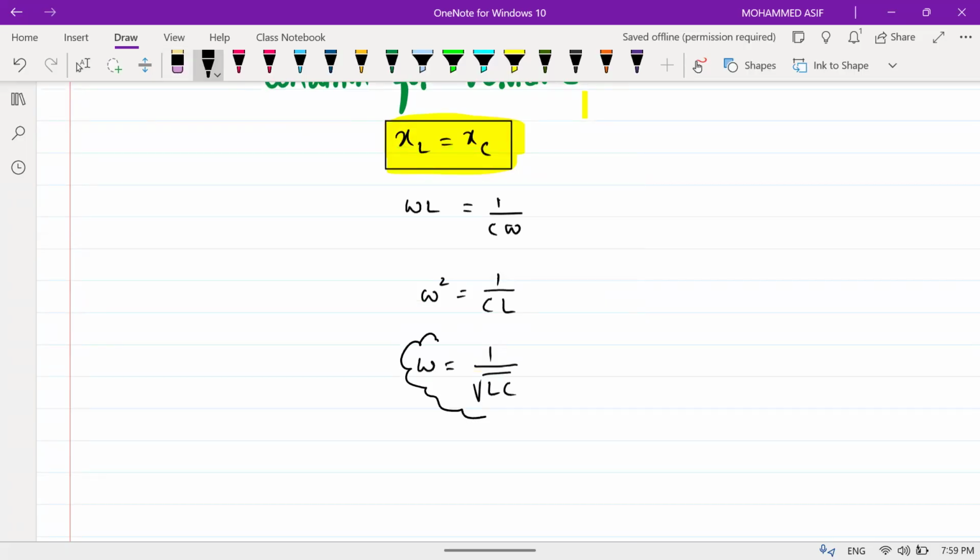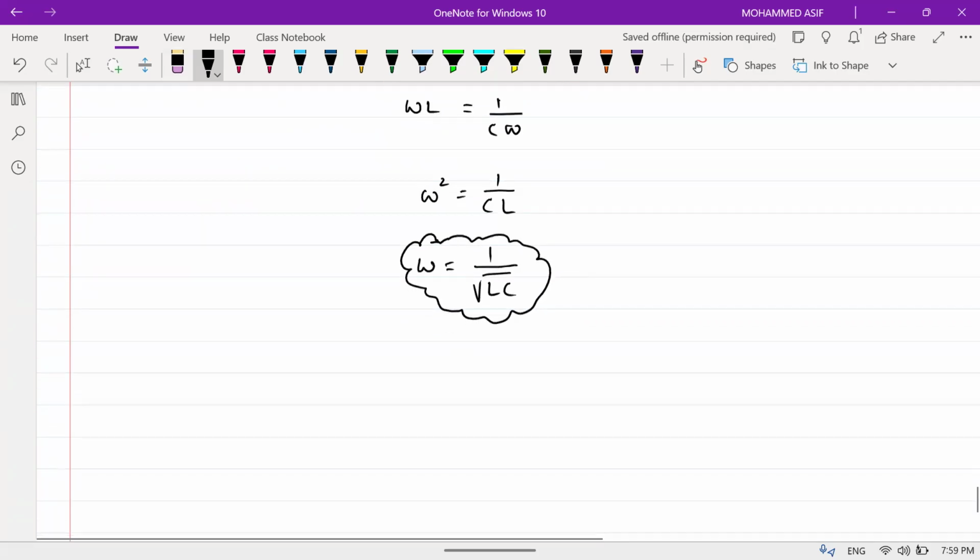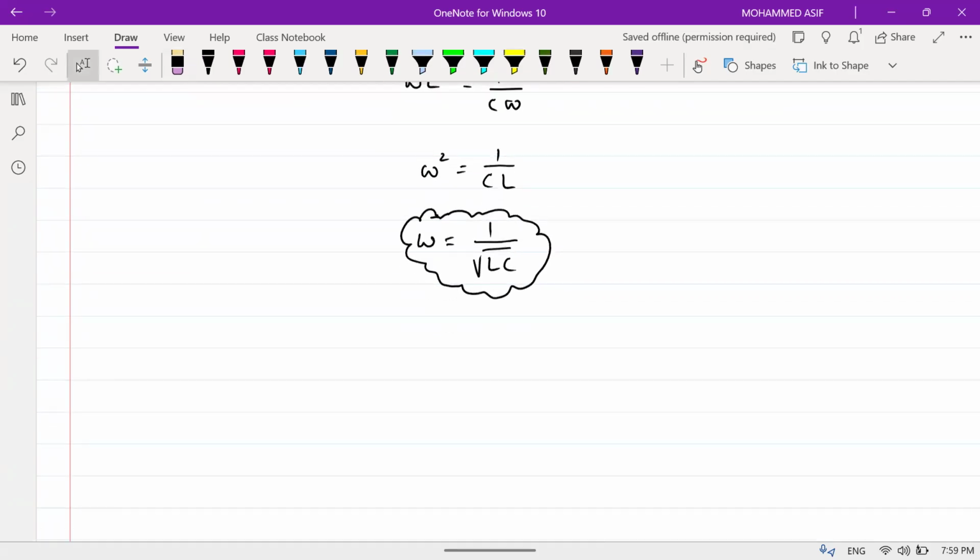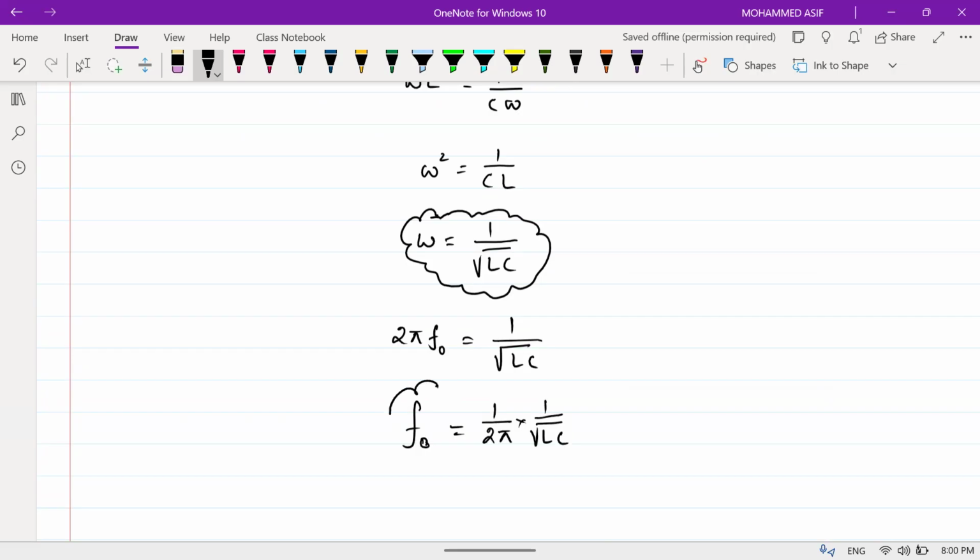This is your resonance condition. Omega is known as angular frequency. So to calculate frequency, 2 pi into f naught is equal to 1 by the square root of LC. So the resonant frequency f naught is equal to 1 by 2 pi multiplied by 1 by the square root of LC.